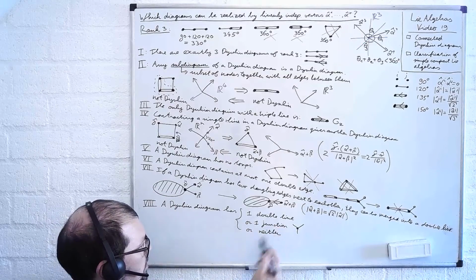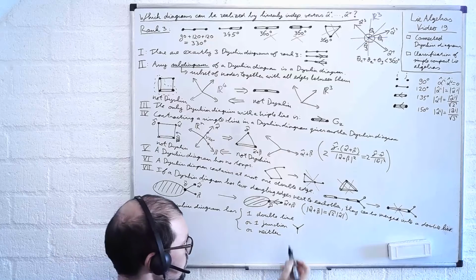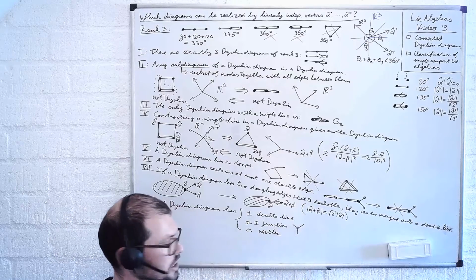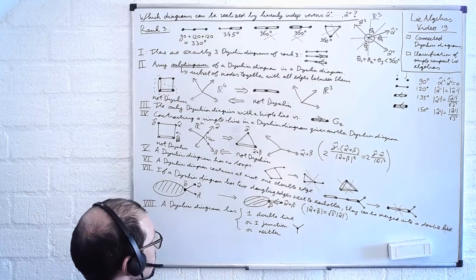And it cannot have both a double line and a junction. Here I really mean a node that has exactly 3 lines coming out.